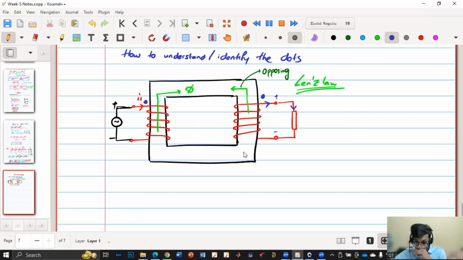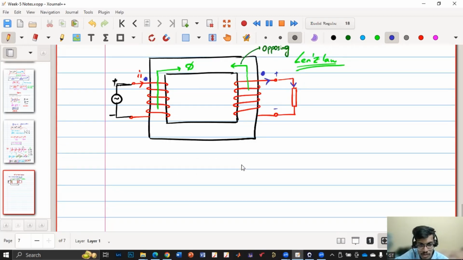So now how does this dot convention help? When we take an example, say there are two coils. I'll not go again into the details of what leakage inductance is and all the terminology, because Sir has already gone through it, and as we are running out of time, I'll concentrate more on problem solving, but I'll give a brief overview.